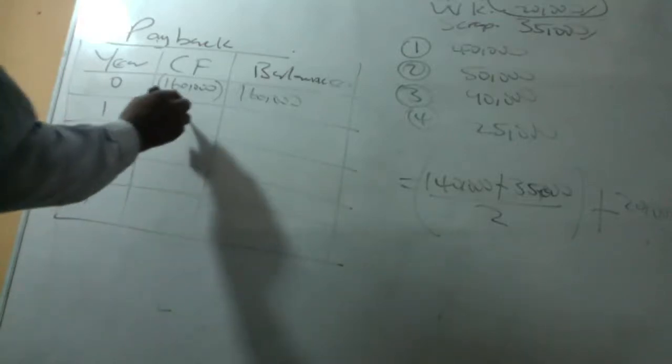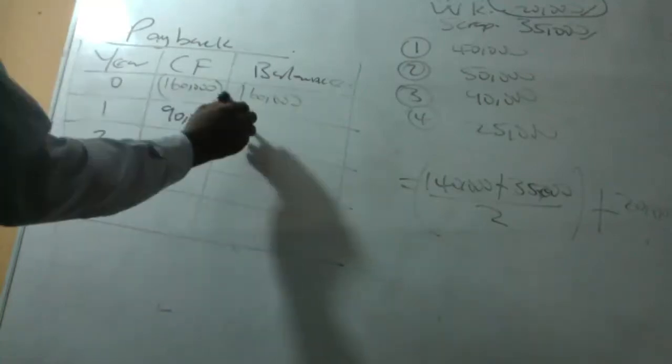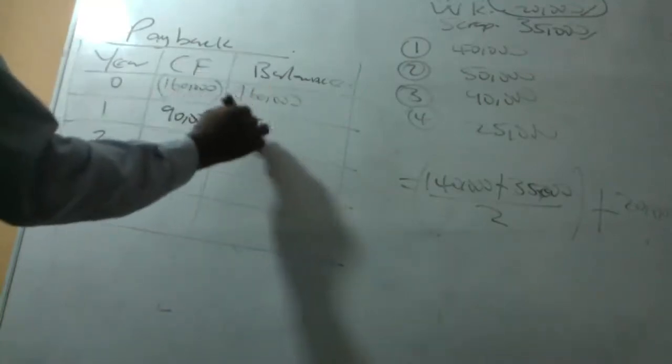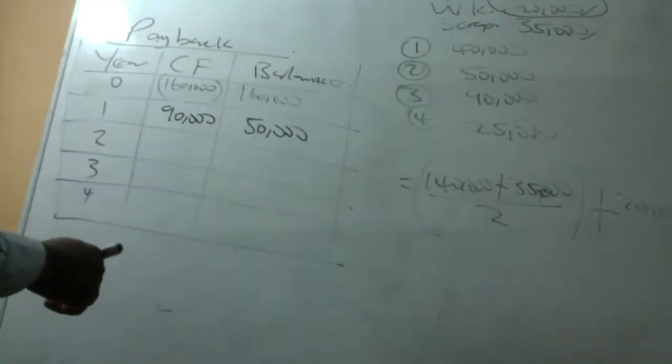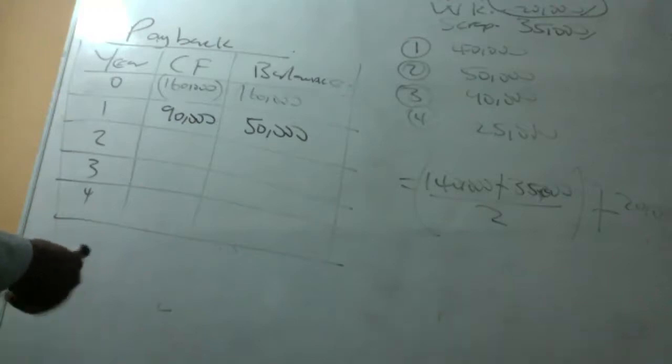It's not negative, right? But if we're able to achieve what? 90,000, right? Oh yes, 90,000 here. So out of 90, 50... 50,000. Good.